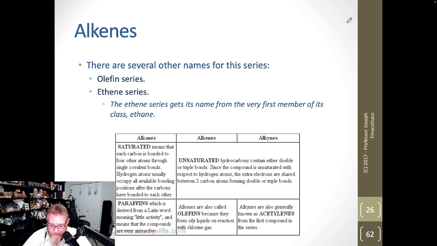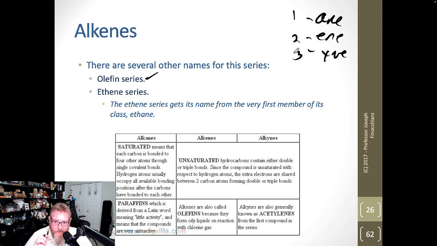There are several names. Olefins, that's the one you memorize, or the ethene series. So remember, ane, ene, and ine all refer to the type of bonds between carbons.